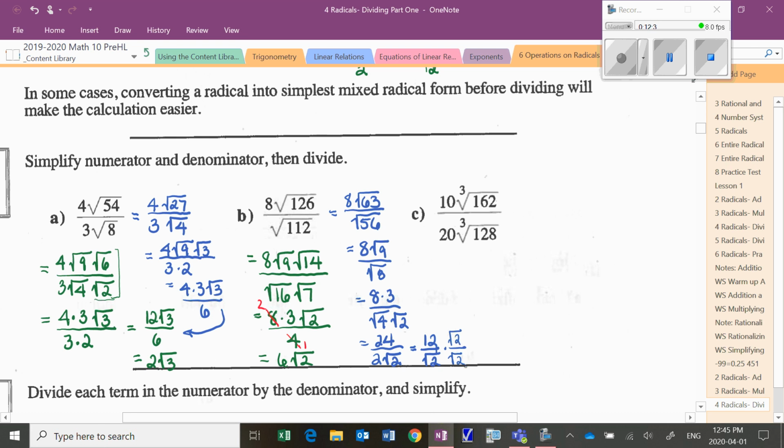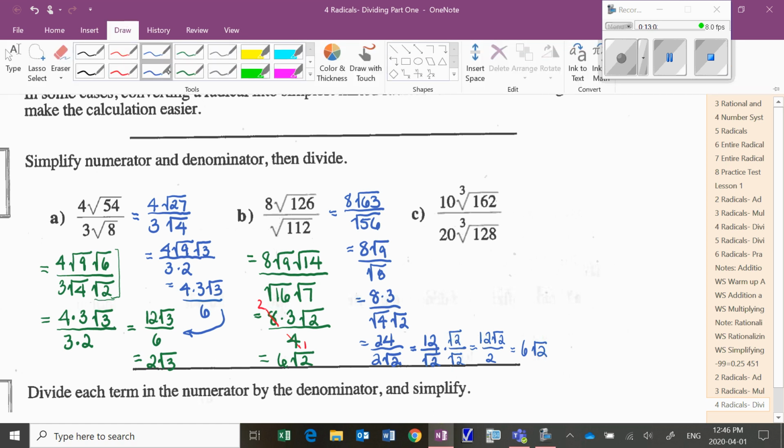And then root 2 times root 2 is root 4, and root 4 is, of course, just 2. So then we've got 12 root 2 over root 4, also known as 2. And 12 over 2 is, of course, 6. So then 6 root 2. So there we can see that we have exactly the same value. So the whole process of getting a radical out of the denominator is called rationalizing the denominator.